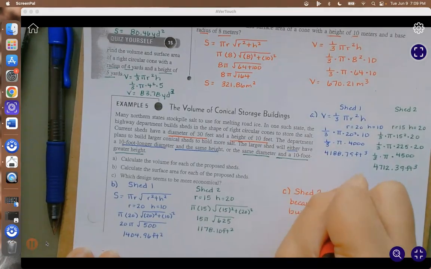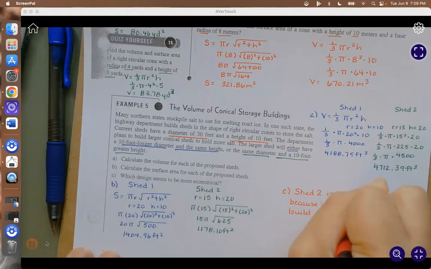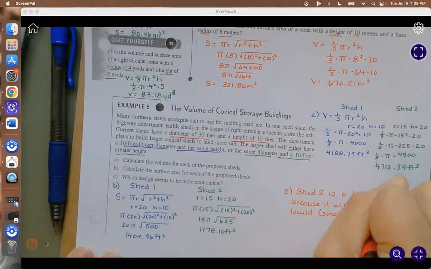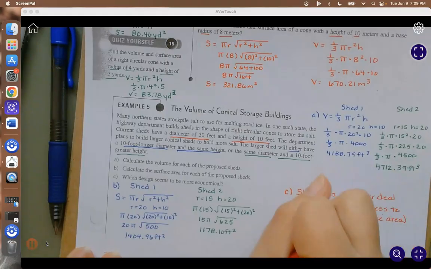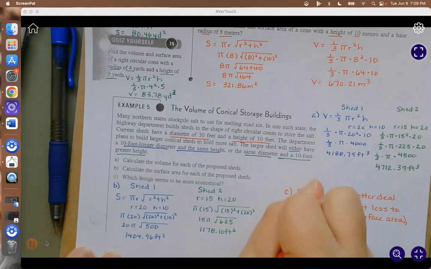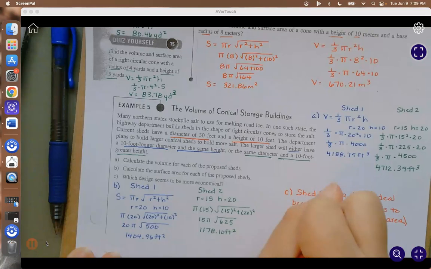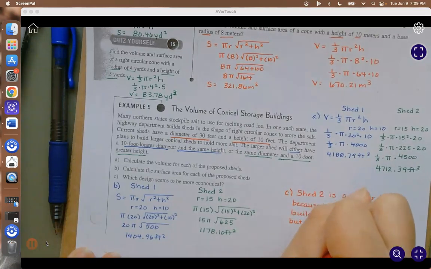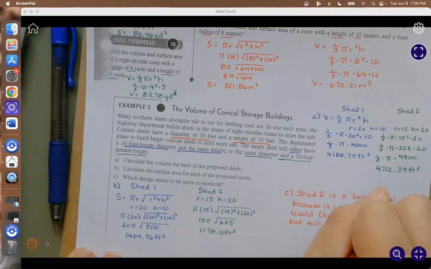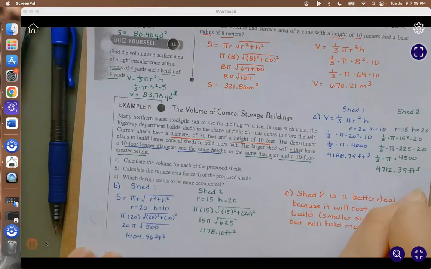And we'll put here smaller surface area. But will hold more. Bigger volume.